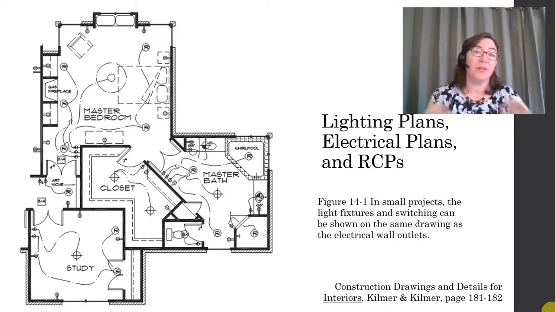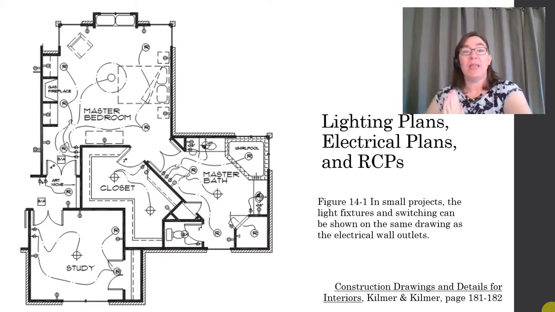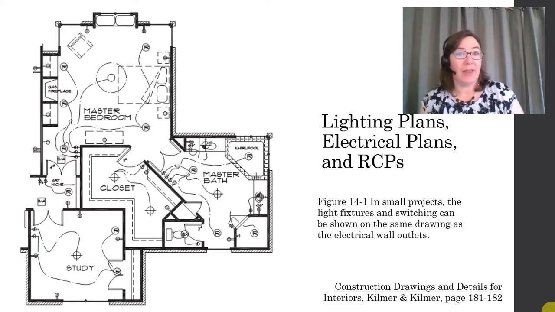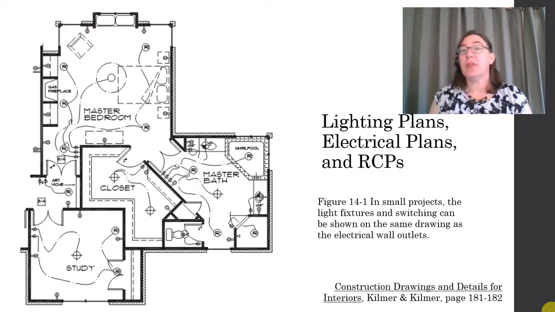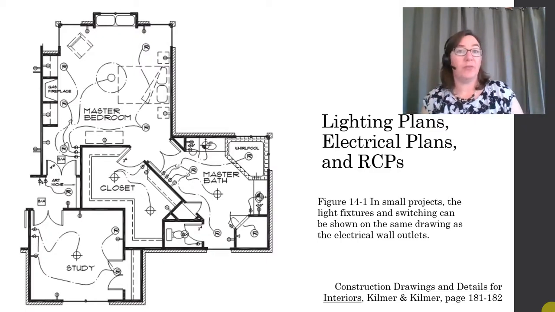Let's start at the top of that list and talk about the plans that go basically under your lighting design. It can be a floor plan or a reflected ceiling plan. Let's make sure that you know the difference between lighting plans, electrical plans, and reflected ceiling plans.